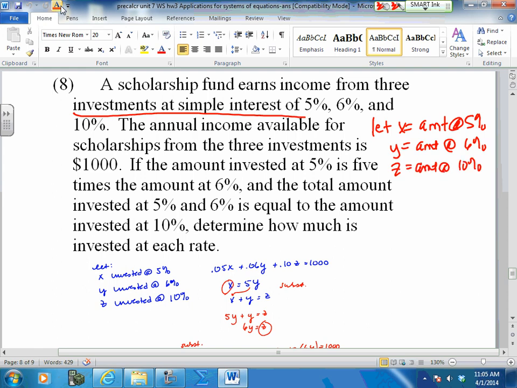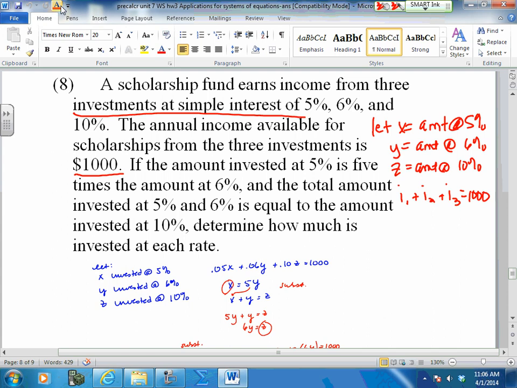So you have 3 variables. How many equations do we have to come up with? 3. So far they haven't told us anything. But the annual income available for scholarships from the investments is $1,000. That means the interest from 1 plus the interest from 2 plus the interest from 3 is $1,000.